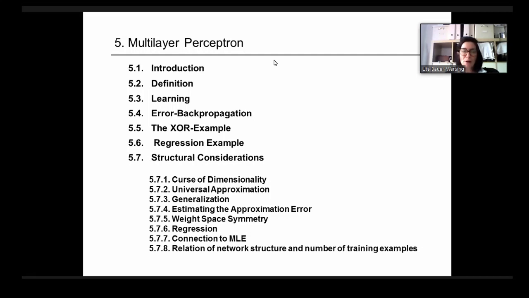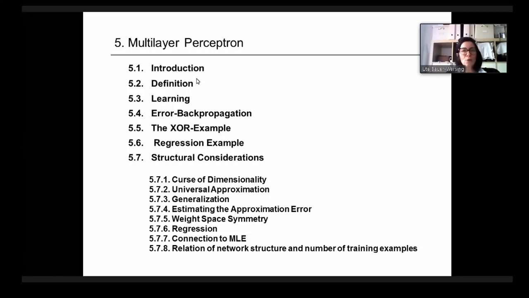And as you can see from the table of contents, we are starting with a brief introduction and motivation. So why do we need these kind of networks? How are they defined in their basic form? How do we learn in these more complex architectures containing nonlinearities?